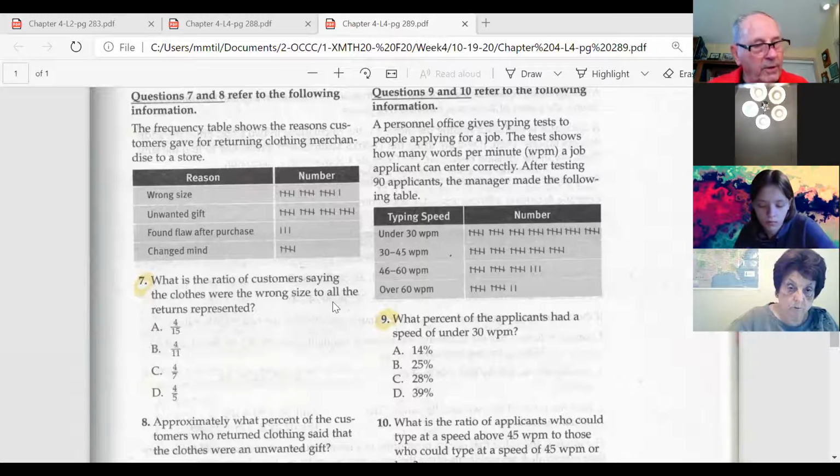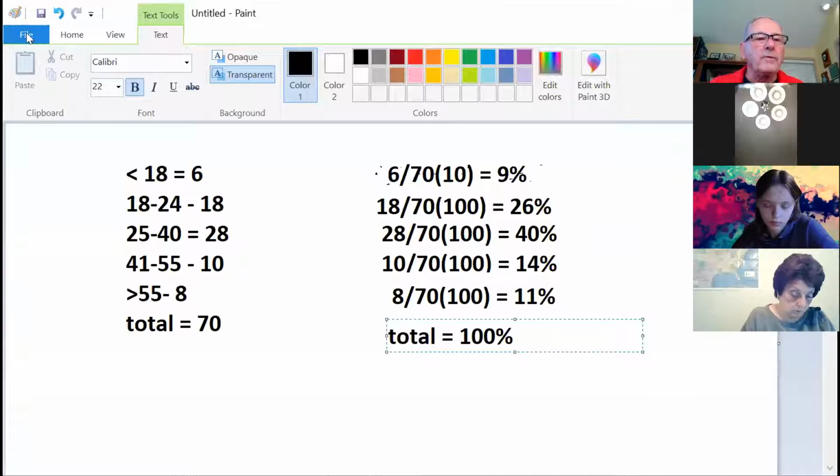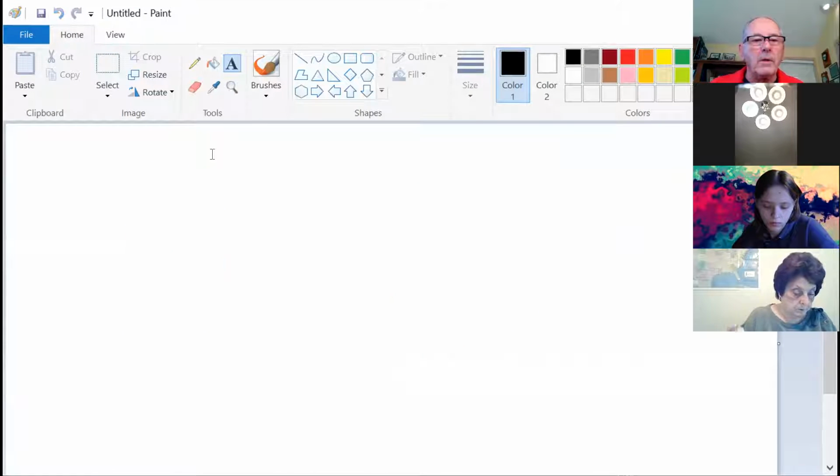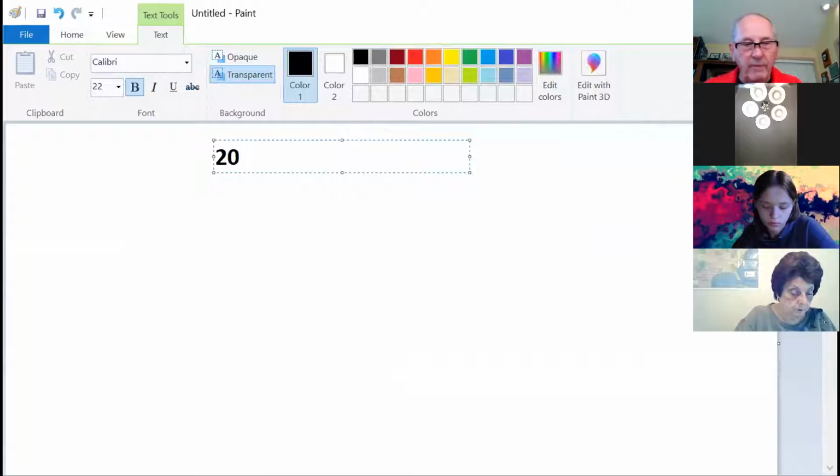20 over 44 times 100. What do we get on that? Go to my paint page, get rid of all this stuff here. So in this particular one, we've got 20 over 44.